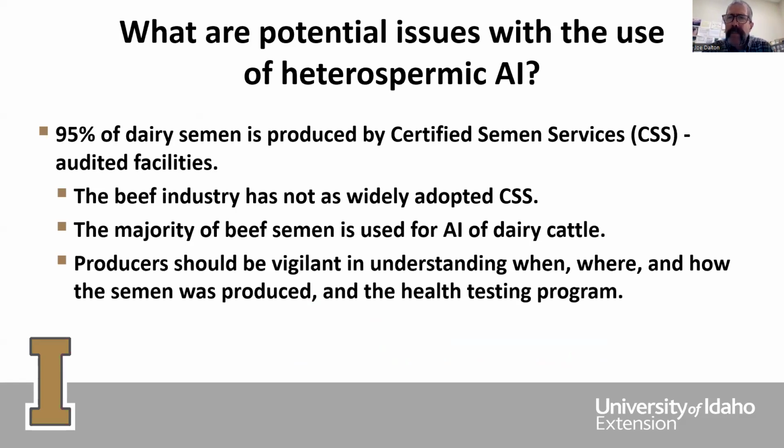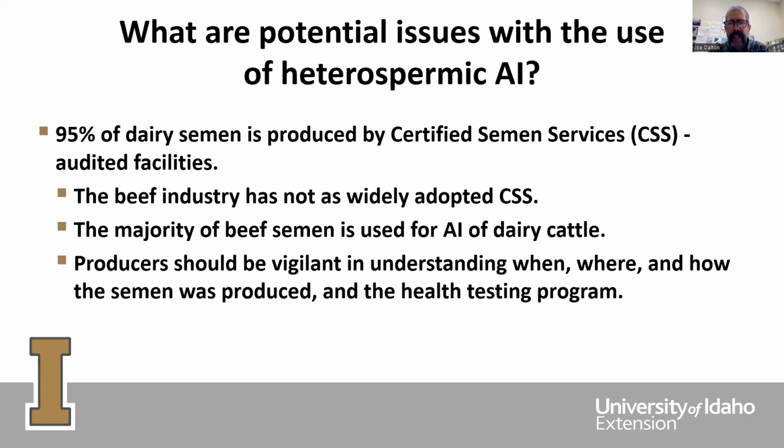Well, what are maybe some of the potential issues with the use of heterospermic AI? One of the first things we have to talk about is the difference in the way we collect and the way we market dairy semen versus beef semen. We know that about 95% of dairy semen is produced by certified semen services audited facilities.